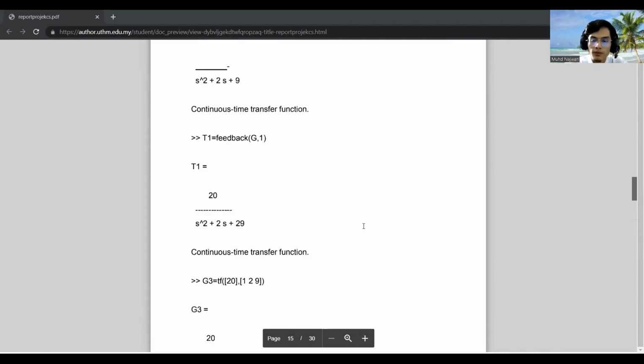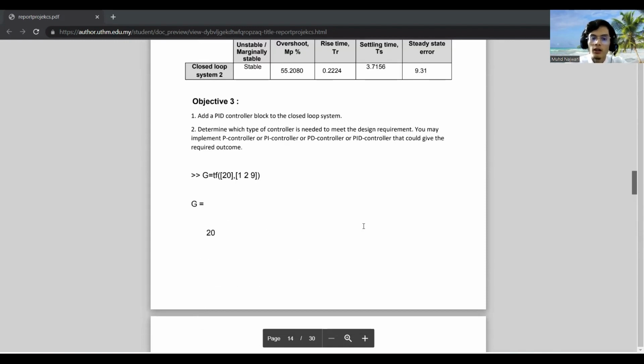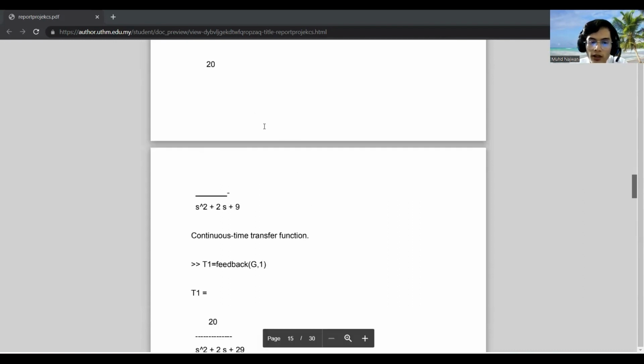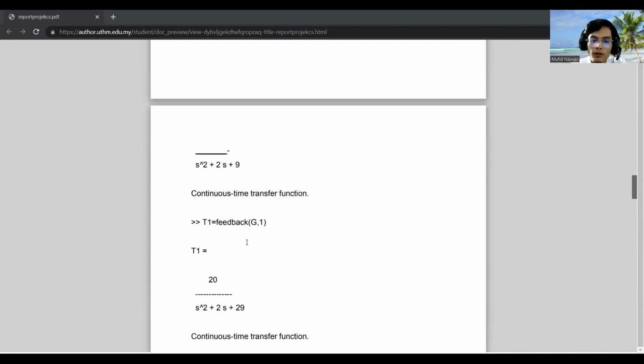So, from the MATLAB, I declared G equals TF 20 1 2 9. So, the answer we will get 20 over s square plus 2s plus 9. For the feedback, also the same from previously, which is T1 feedback, G and 1.